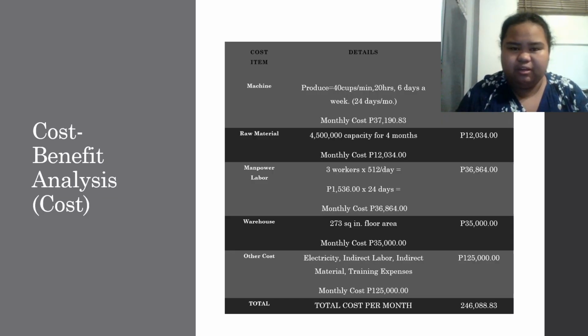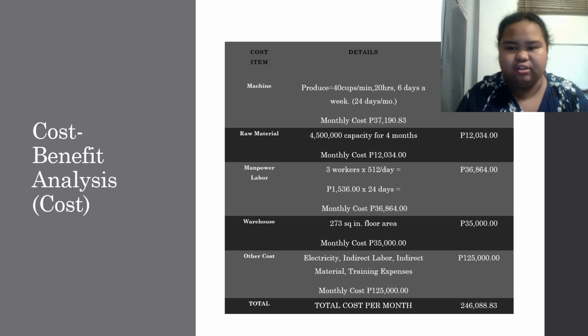For the cost benefit analysis, we can see that the cost per month for the machine is 37,190.83, applying the produce formula. Raw materials is 12,030.34 pesos. Again, this is monthly.